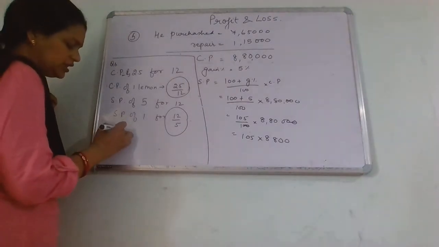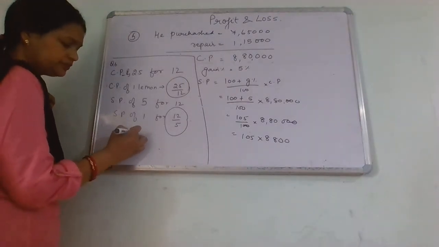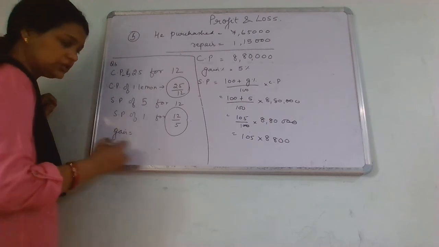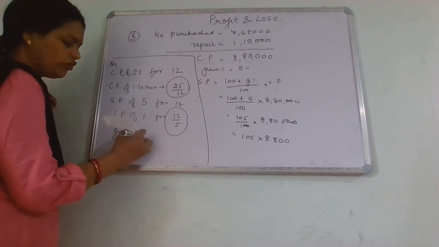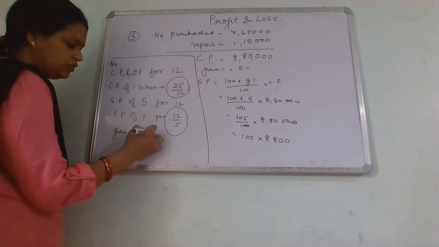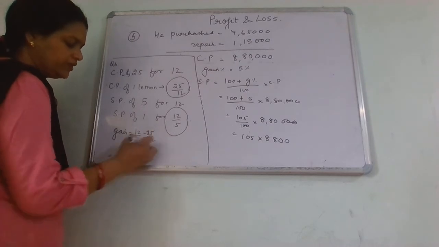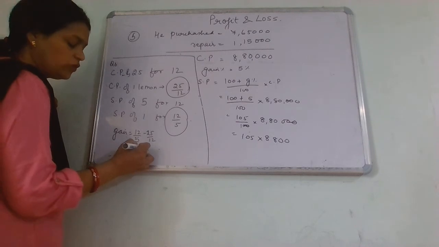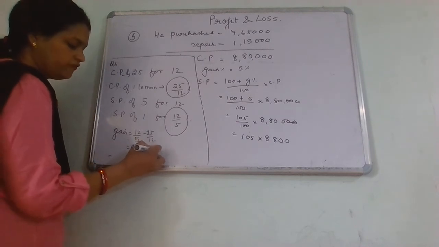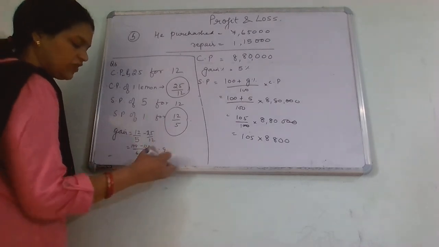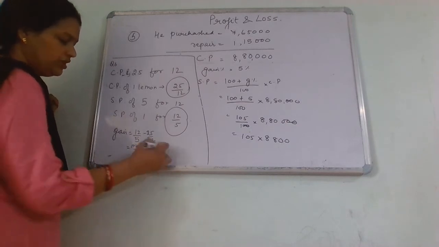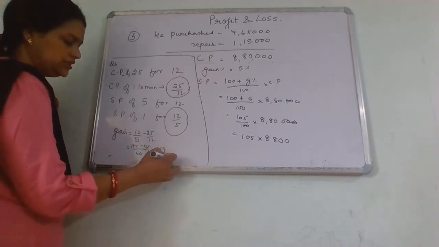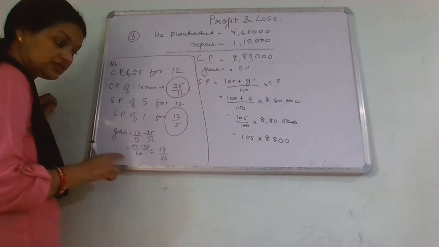So the gain is selling price minus cost price, which is 12 by 5 minus 25 by 12. This equals (144 minus 125) by 60, which is 19 by 60. This is the gain.